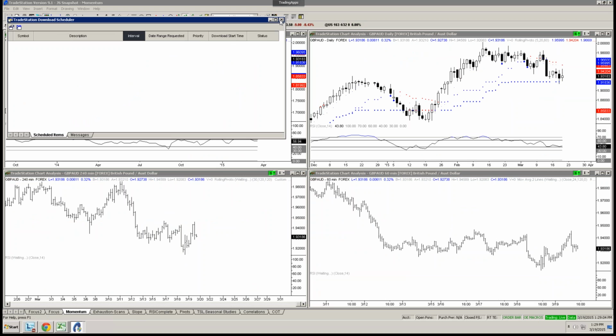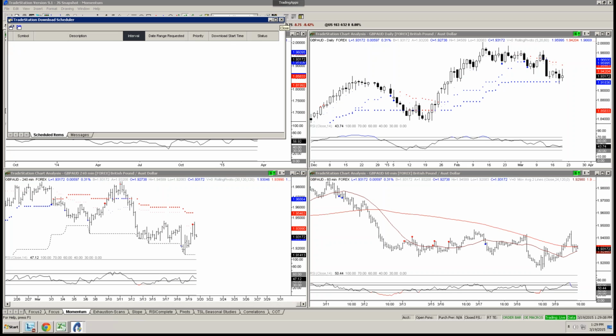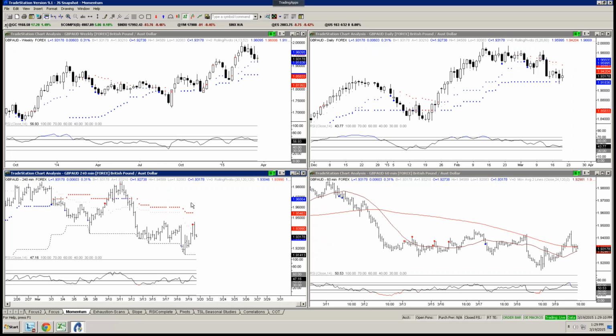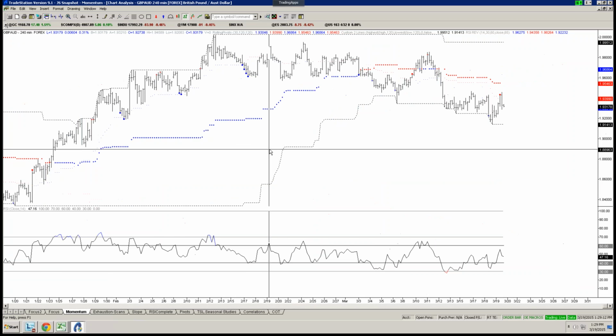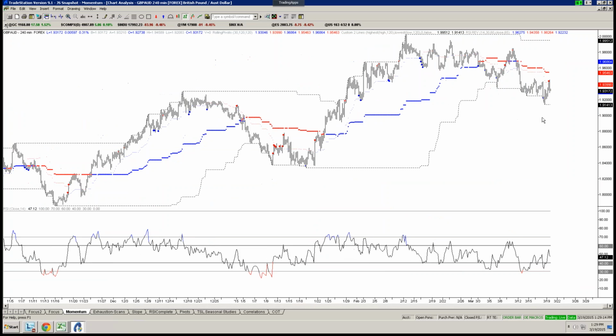All this stuff has to load. Okay, so we did. This is great. So you can see I got a short-term trend signal here, the red dot. Do they always work? Of course not. But when they work, they work really well. You can see the blue ones here, blue ones here, blue ones here, right? Red one here, good. This was eventually good.